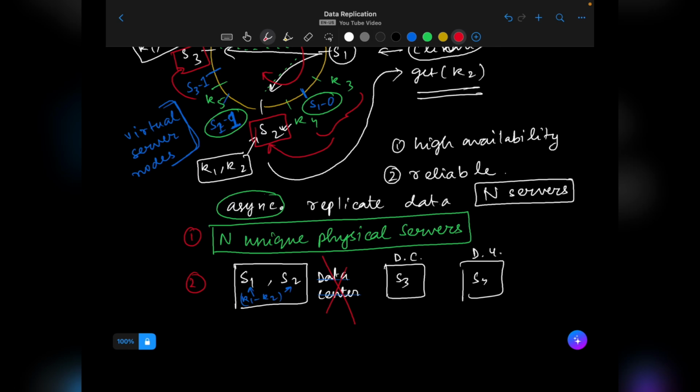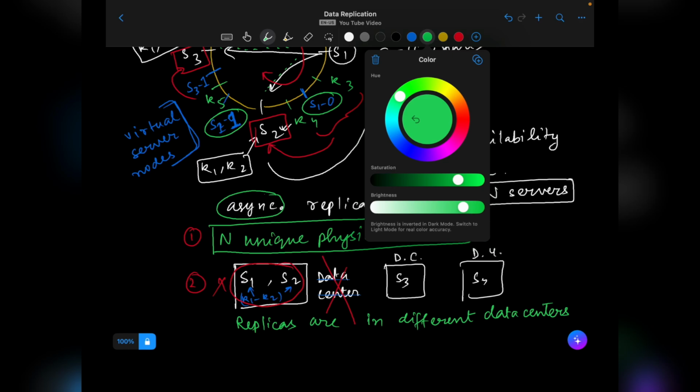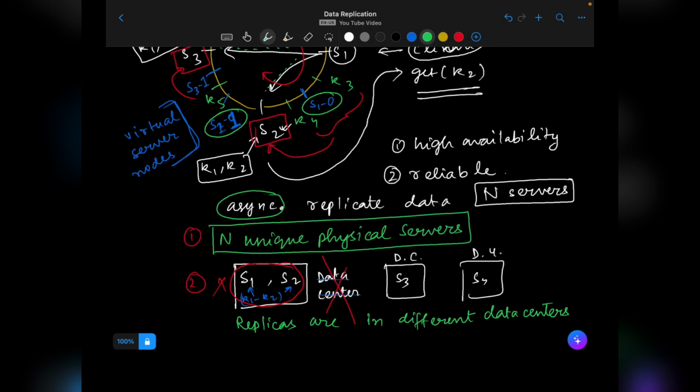Then, even though we have replicated our data, this data is unavailable to us, since server 1 and server 2 are unavailable. So to avoid this, we also ensure that the replicas are in different data centers.